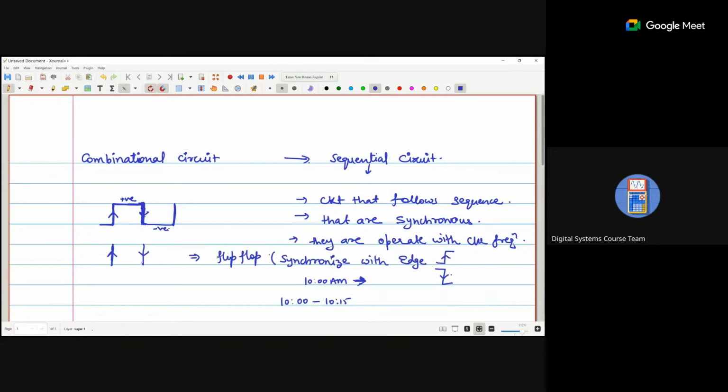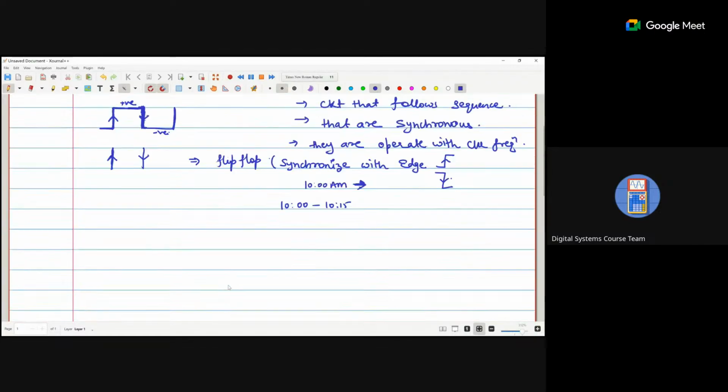Second, which is not as accurate but is also synchronous, is called the latch. It is synchronous with the level, either the positive level or the negative level.